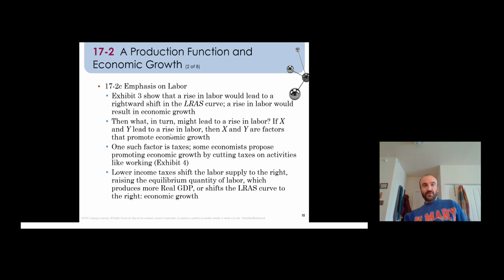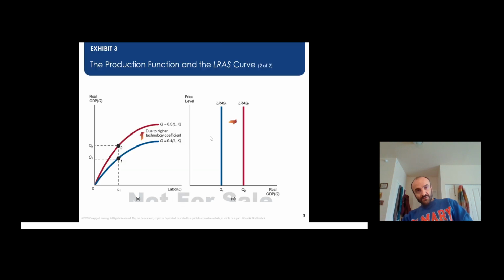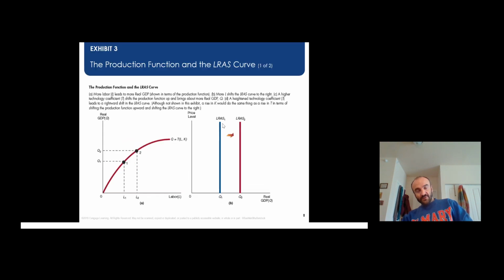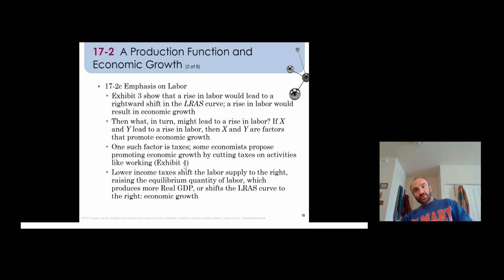So I see that the increase in labor may lead to a shift in this aggregate supply curve. This is an increase in production from Q1 to Q2. Now the question is, what can lead to an increase in labor? People may work longer hours.